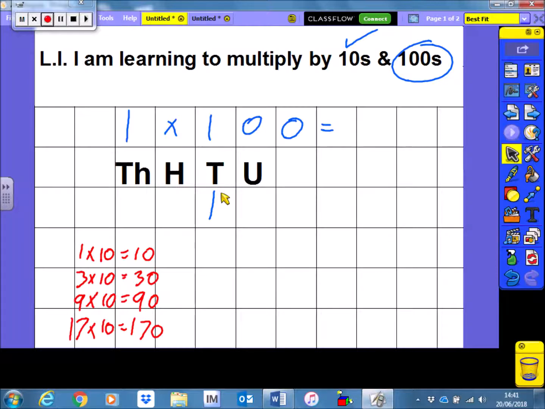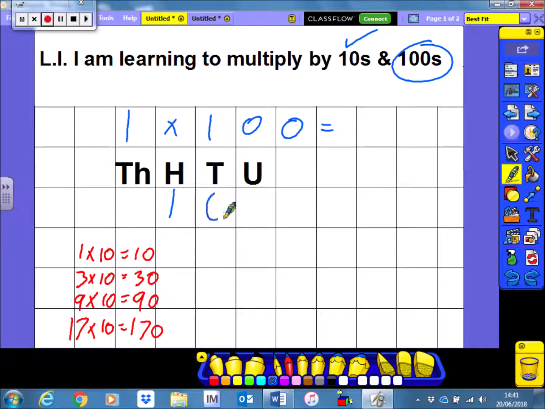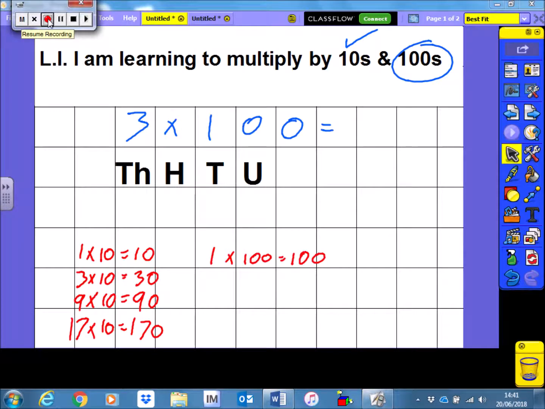But I'm not timesing it by 10, I'm timesing it by something that's 10 times bigger than 10. I'm timesing it by 100. That means I can't just move it up one place. Because 100 is 10 times bigger than 10, I have to move it up 2 full places. And zeros fill any of the gaps. So 1 times 100 is 100.